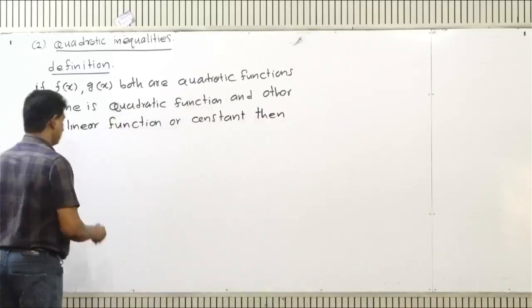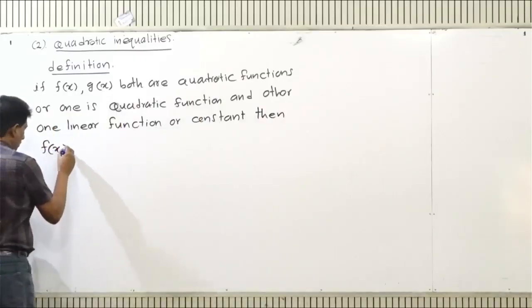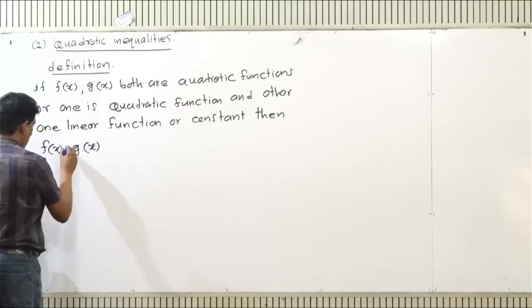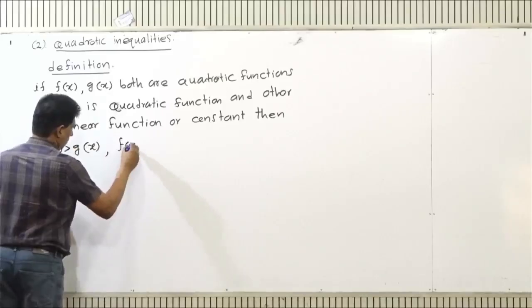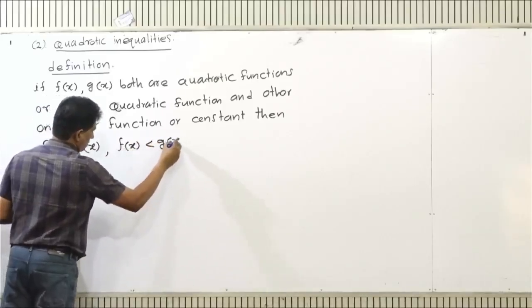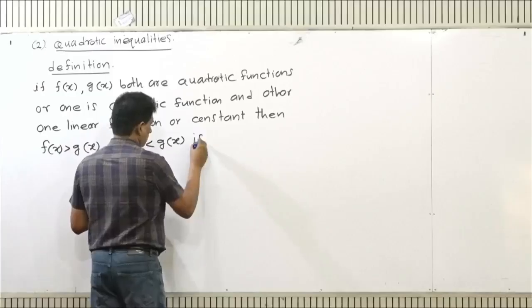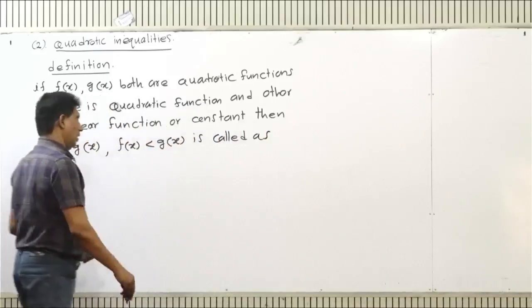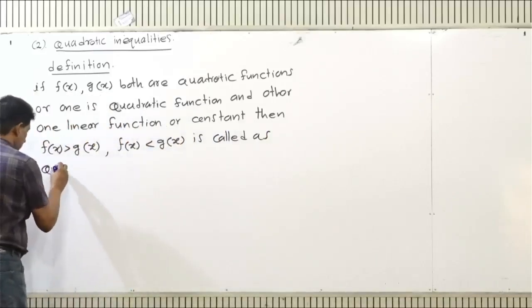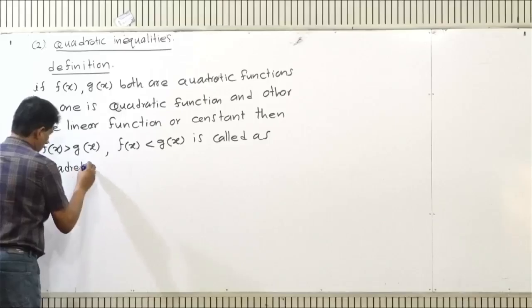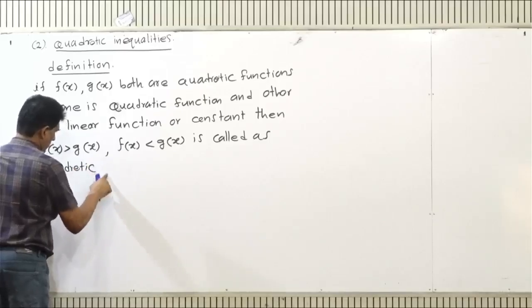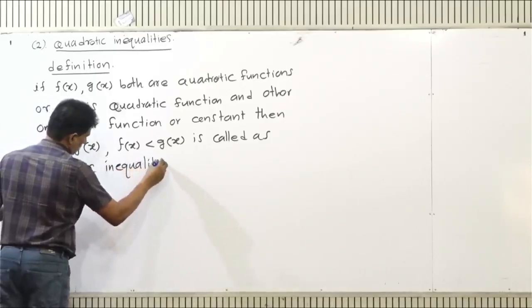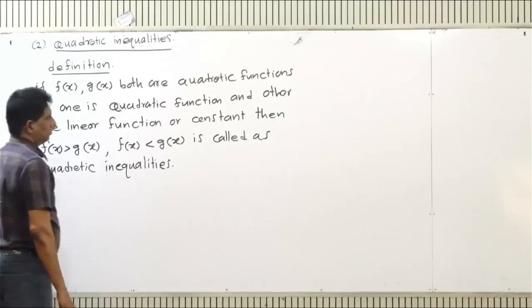Then f(x) greater than g(x) or f(x) less than g(x) is called a quadratic inequality.